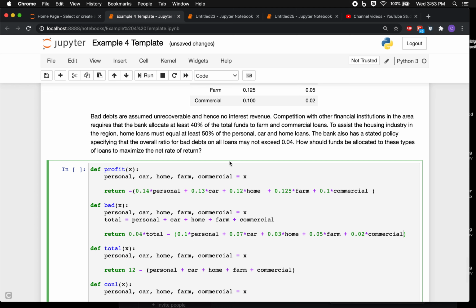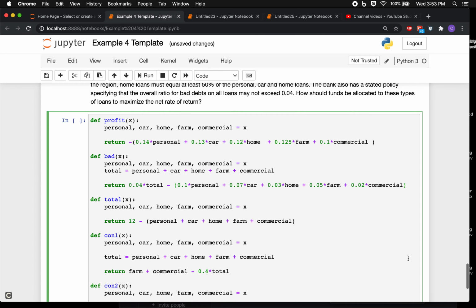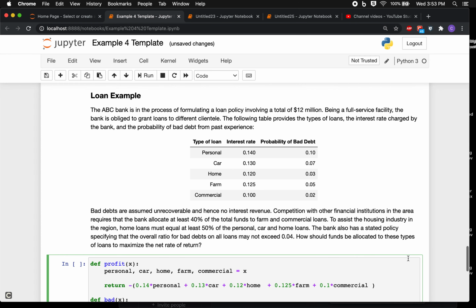And so that's going to be our second. So the bad part of it, we're kind of doing mixtures. So these are just additive constraints. Then the rest of it is basically what we did before.